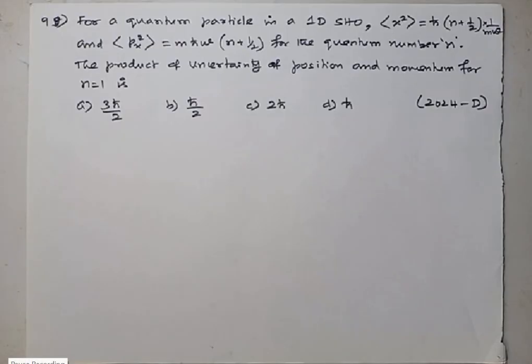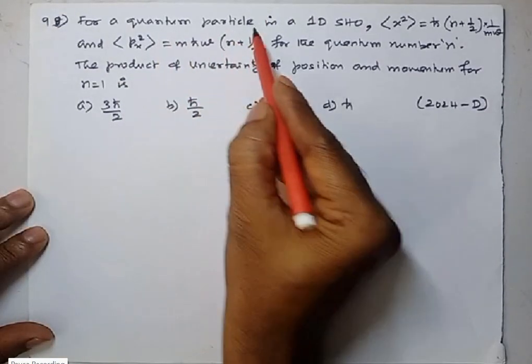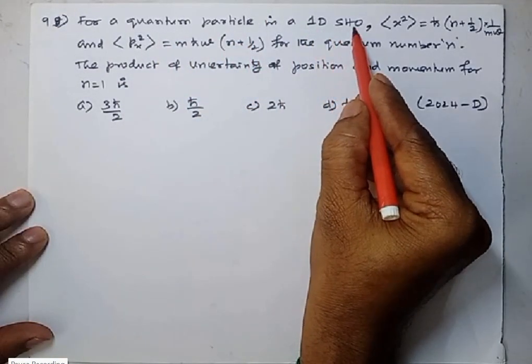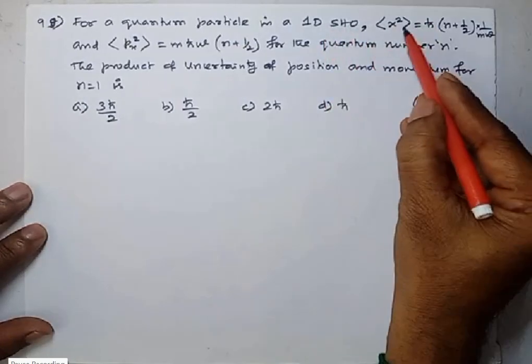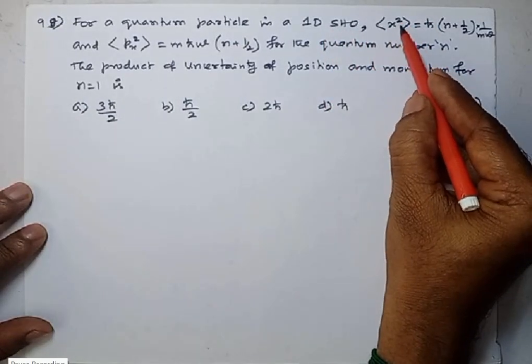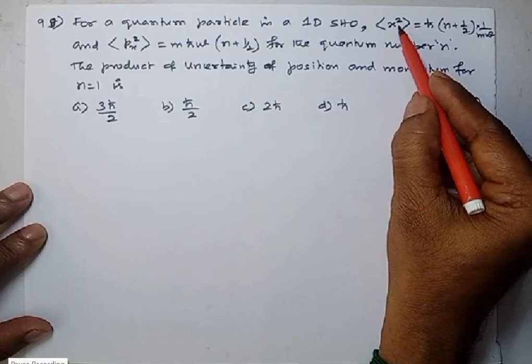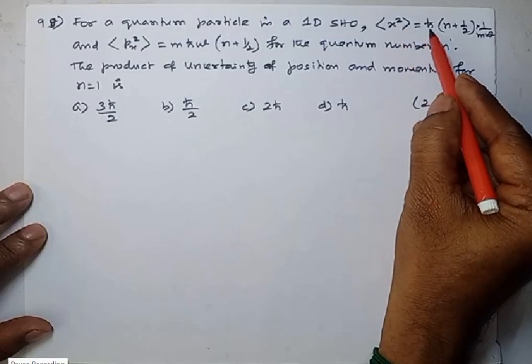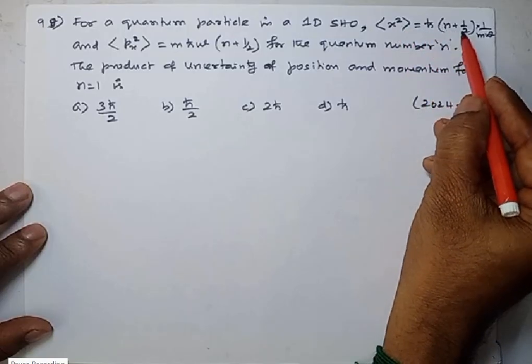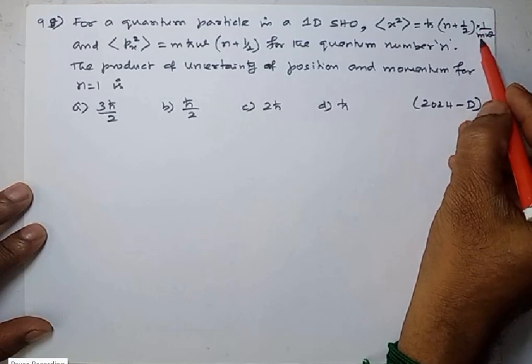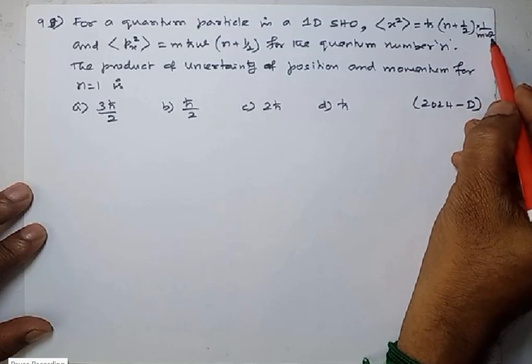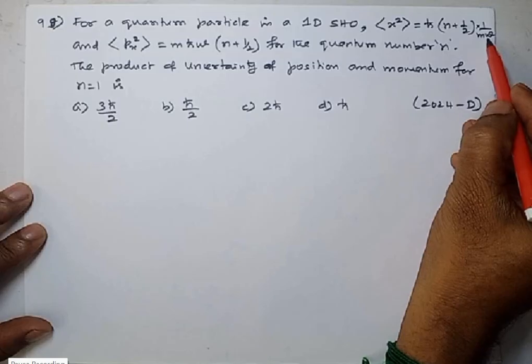So next question. For a quantum particle in a one-dimensional simple harmonic oscillator, the average value of x square, also called expectation value of x square, is h cross into n plus half into 1 by m omega, where omega is the angular frequency.